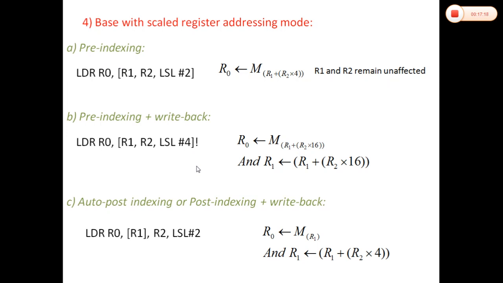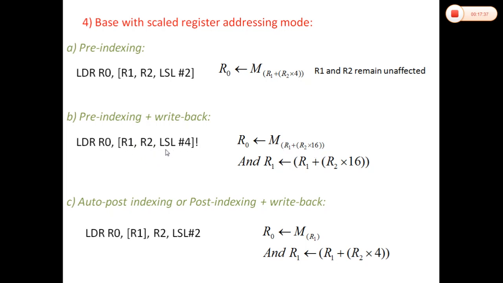The next type is pre-indexing with write back. Once again you can see the difference in the syntax. This is the additional sign. Here also it is pre-indexing, which means that before the transfer of the data, the final address is generated by adding the scaled register to R1.